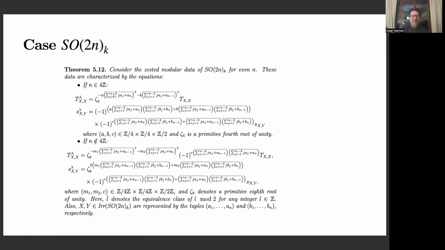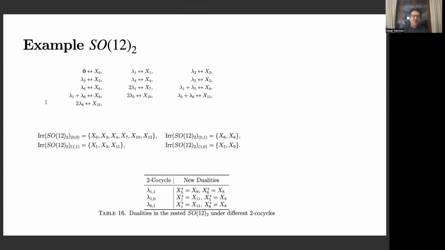But again, we have concrete formulas for any S and any T in all cases, and we even present some examples like SO12 level 2, where there is some grading again over the claim for group. And the nice thing again is that this fusion category is self-dual, and depending on which cocycle you take in order to do the zesting, you obtain things that are non-self-dual. I mean, self-duality in particular is something very simple to check to see if the modular category changes or not.